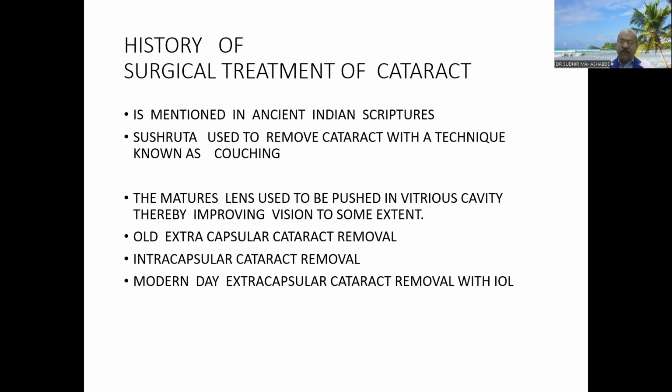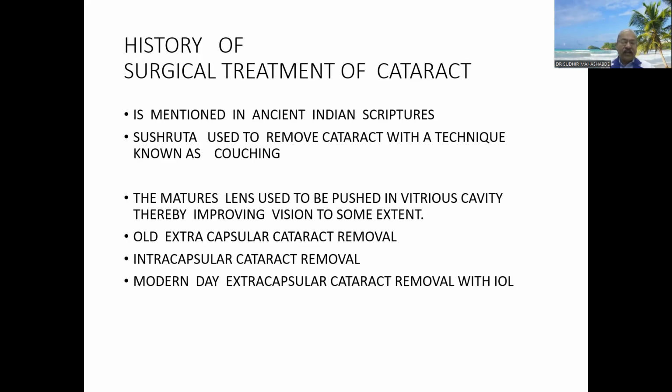But that had lots of complications and problems, and therefore slowly newer and better techniques evolved. Then they started the old extracapsular cataract removal, which used to be done with a mature cataract only, with this incision.